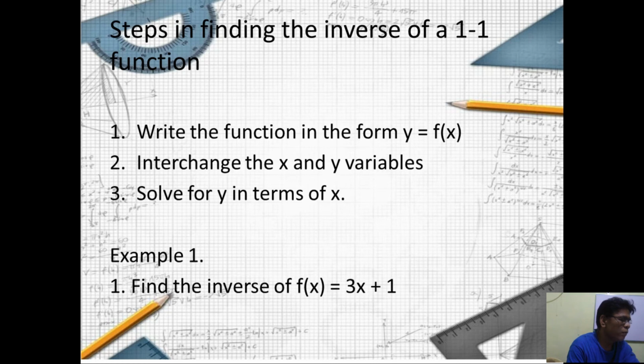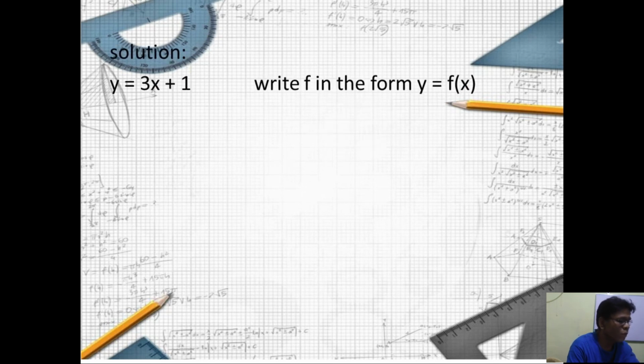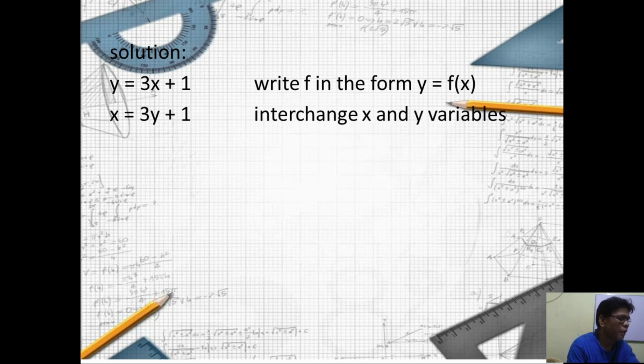Example, find the inverse of f(x) = 3x + 1. Solution: first, y = 3x + 1. Write f in the form y = f(x), step number 1. Step number 2, interchange the x and y variables, so it becomes x = 3y + 1.